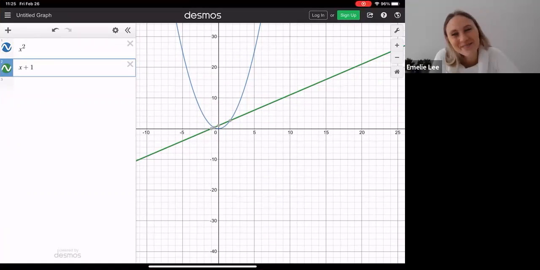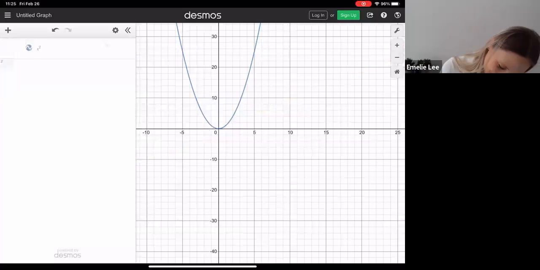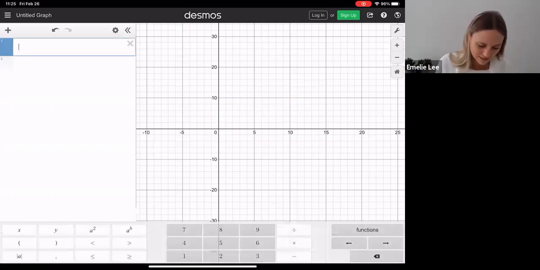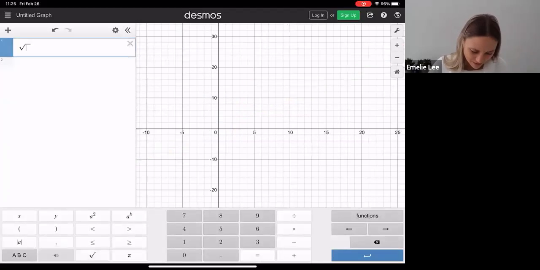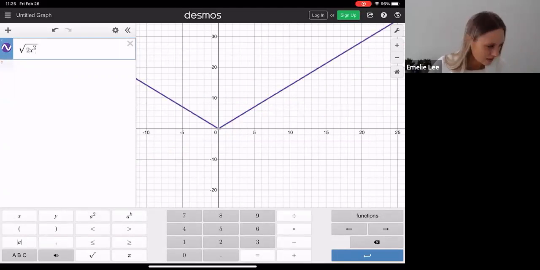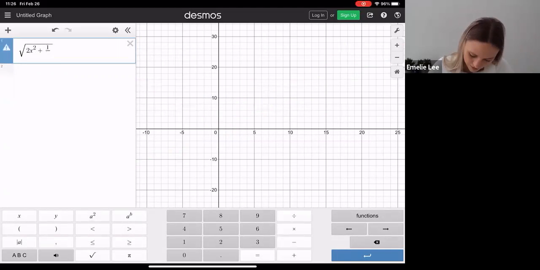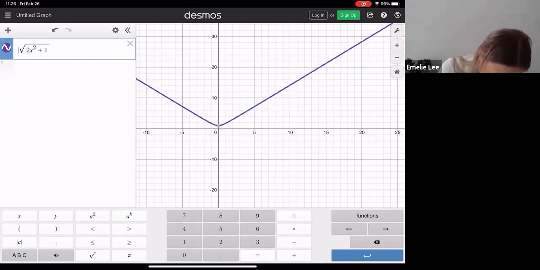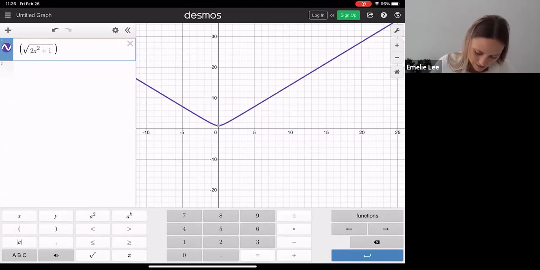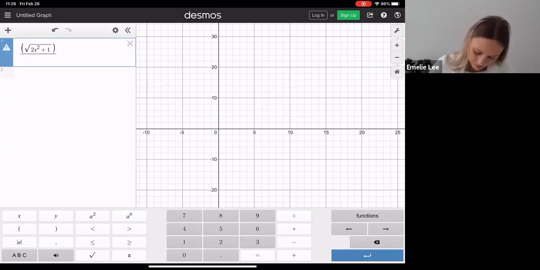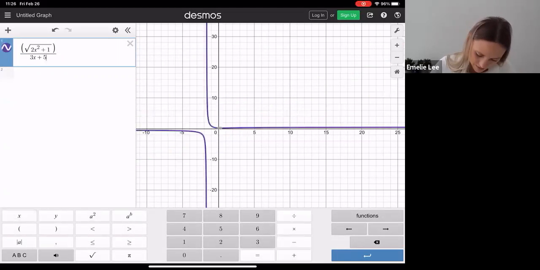X squared, x plus 1. All right. The root of 2x squared plus 1. Okay, looks like that. But then it's being divided by, not just the 1, is it? I want to put brackets around here so that I'm dividing everything by 3x plus 5.